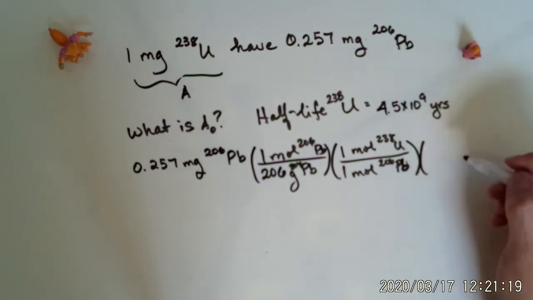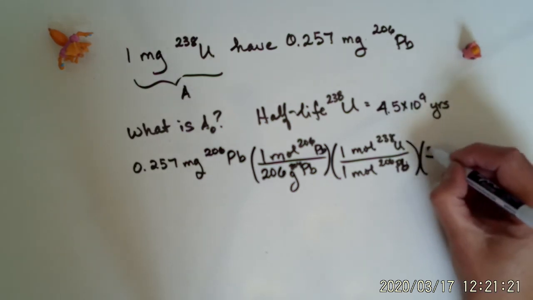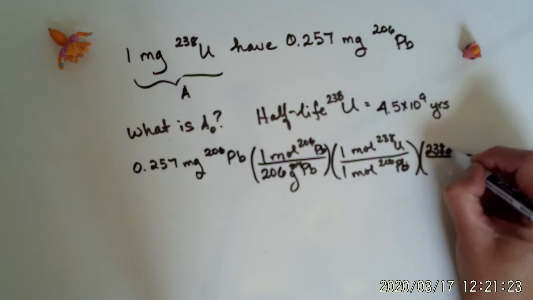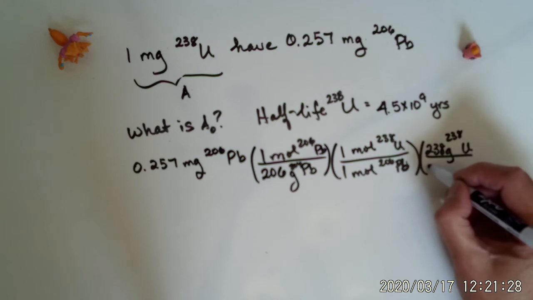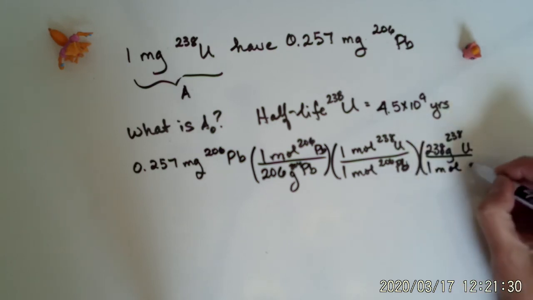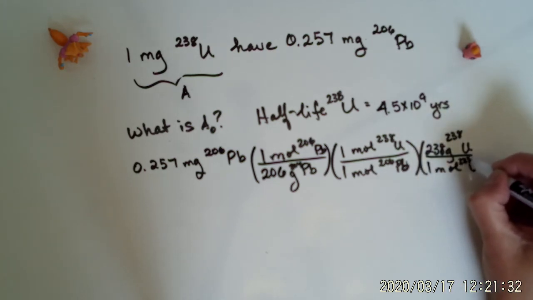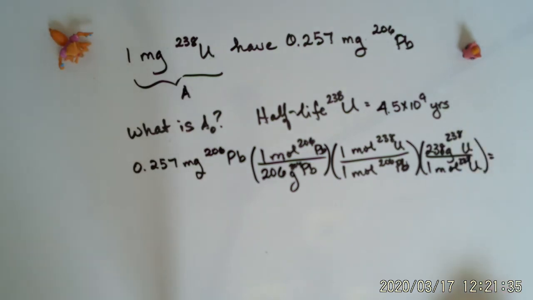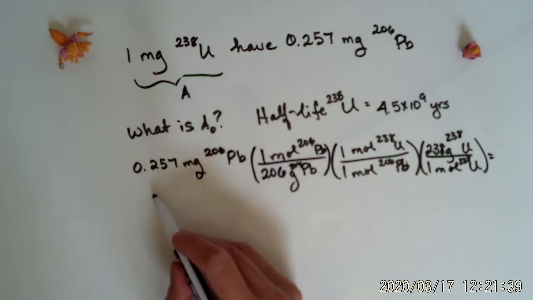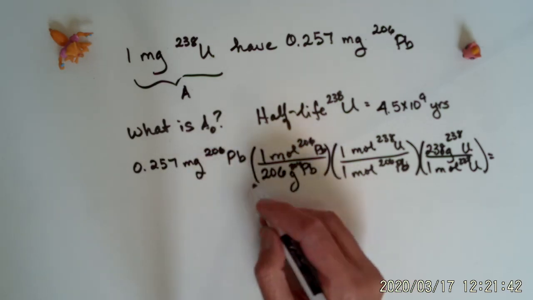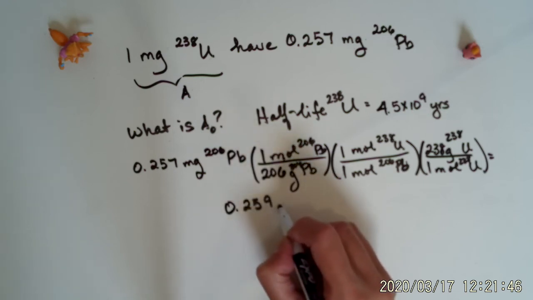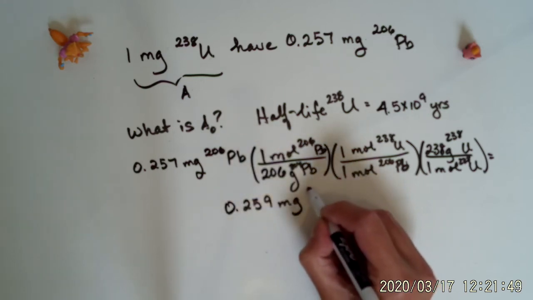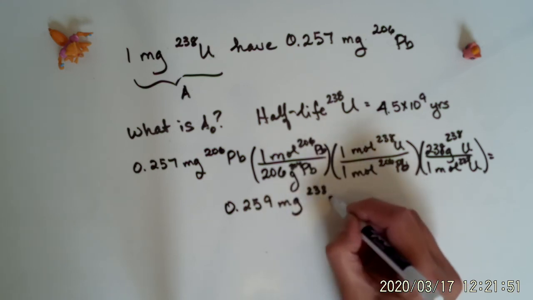And we know that the mass is 238 grams of uranium-238 divided by 1 mole of uranium-238. What does that give us? From 0.257 milligrams of lead, it came from 0.259 milligrams of uranium-238.